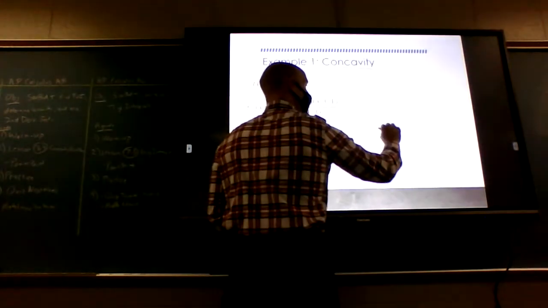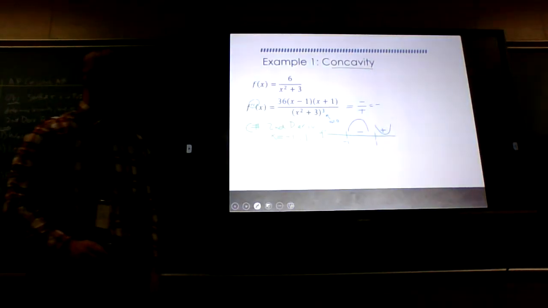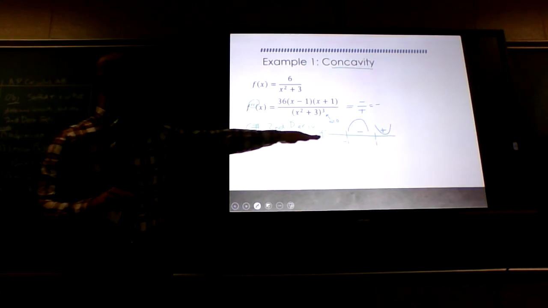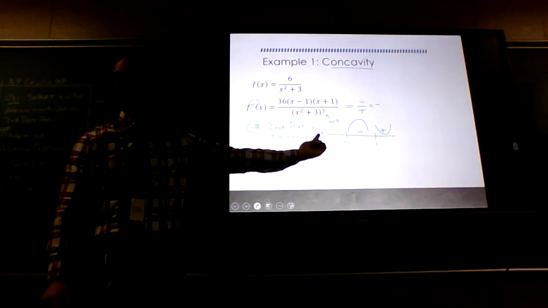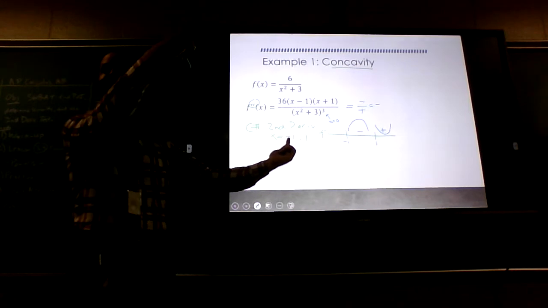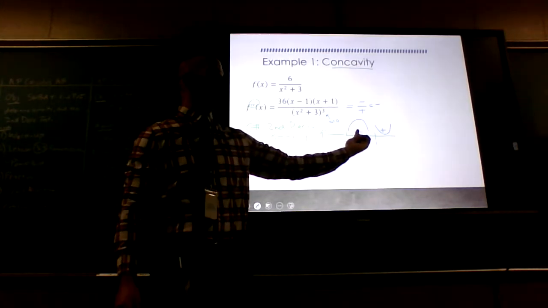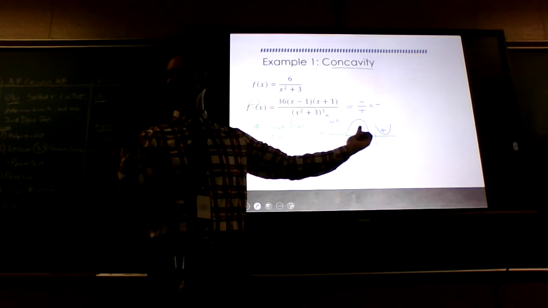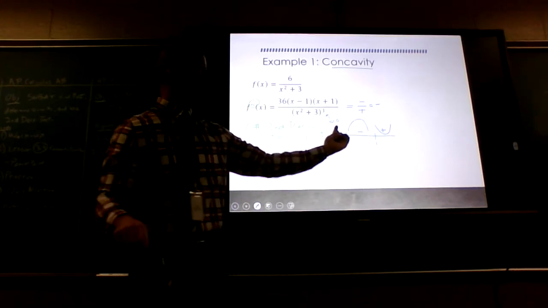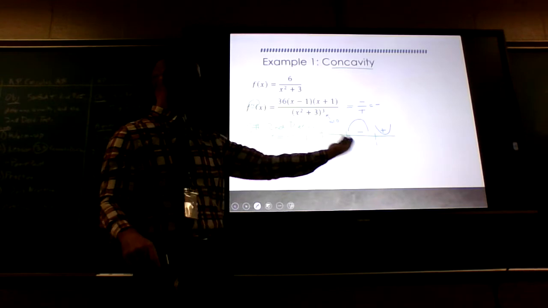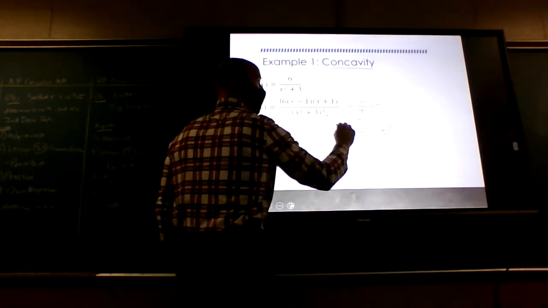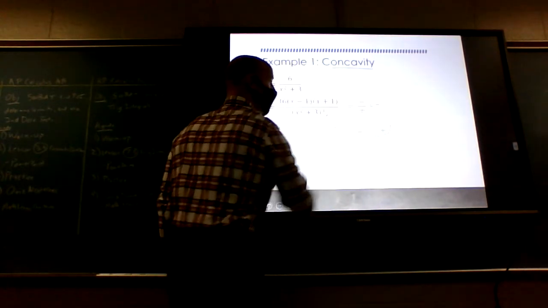It's concave up. Now, by the way, you'll notice when I did the warm-up, we did the exact same thing, except I would have put f prime, correct? And then I would have put a little arrow going up or a little arrow going down. Remember that? Notice here, instead of doing the little arrows, I'm doing the little concave symbols. And by the way, I'm just going to cheat here a little bit. I'm going to tell you if you plug in a number less than negative 1, it also turns out to be positive.